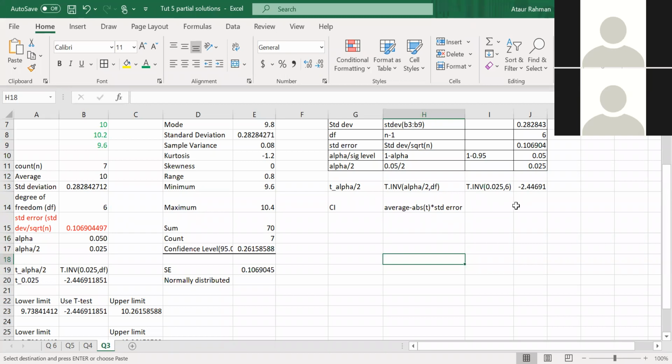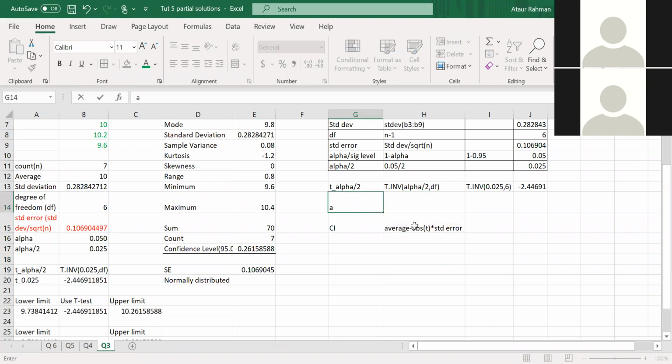So we need to find out the absolute value of the t as well. So rather I will make another line here for your clarification. So absolute value of the t is ABS of the t value that we got from there, which is 2.445.